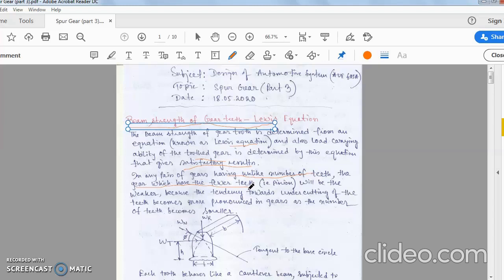The pinion will be the weaker, because the tendency towards undercutting of the teeth becomes more pronounced as the number of teeth becomes smaller. So the Lewis equation is basically useful to determine the strength of the smaller gear, that is the pinion.